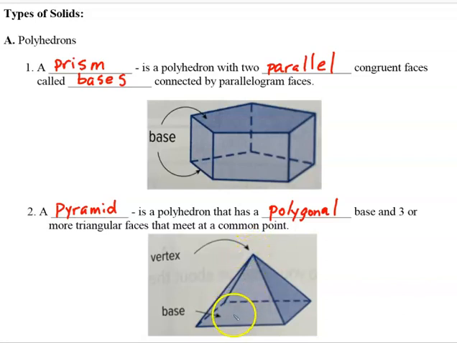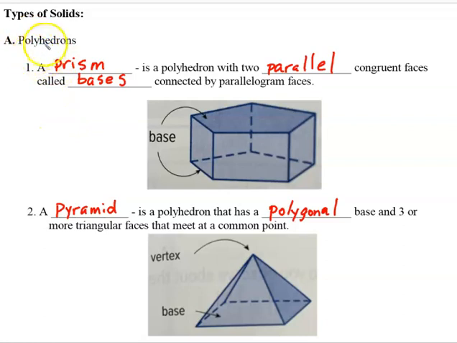You can see this has a rectangular base, and then the triangular faces that meet together at this vertex at the top. So those are both polyhedra, prisms and pyramids.